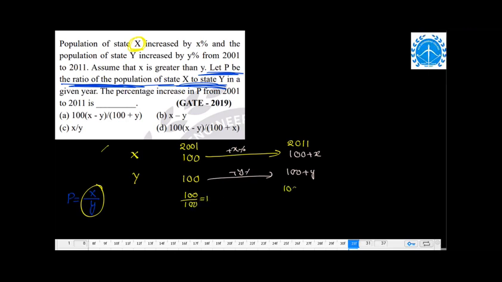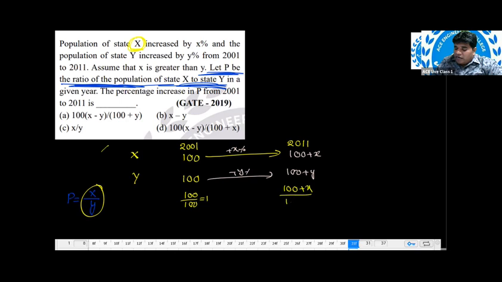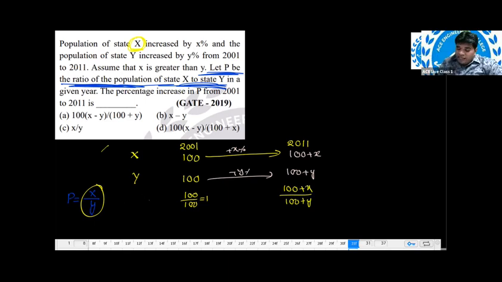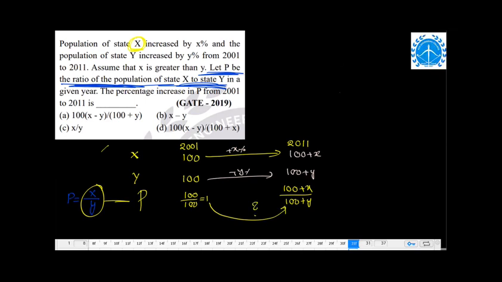Now it is 100 plus x upon 100 plus y. This is the ratio. Then what is the question? The percentage increase in P. P means X by Y. What is the percentage increase? This is the question actually. Percentage increase means what is the formula? Percentage increase.